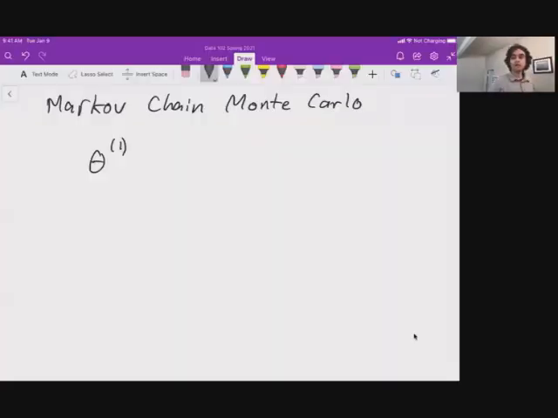It says, let's use the samples that we already have and modify or adjust them to give us better samples. So to write things out mathematically, we have a set of samples. We have theta 1, which is our first sample, and we use that to figure out a way to get theta 2, our second sample. Here, theta 1 is just a way of saying a particular set of values.